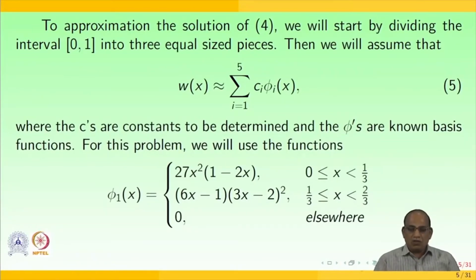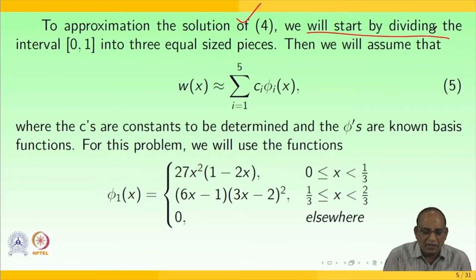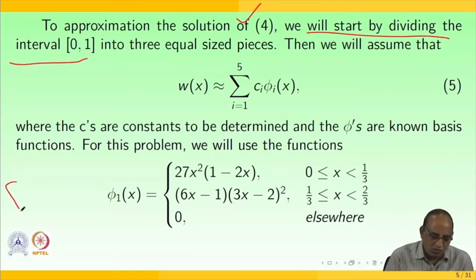To approximate the solution of equation 4, we will start by dividing the interval 0, 1 into 3 equal sizes. So that is h is equal to (1 minus 0) by 3.